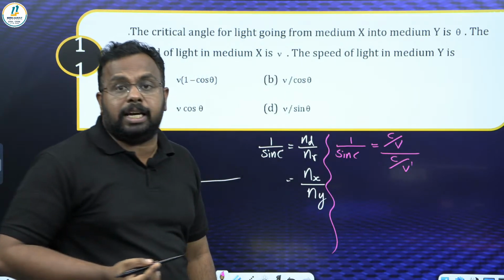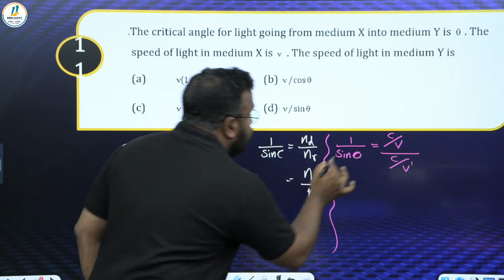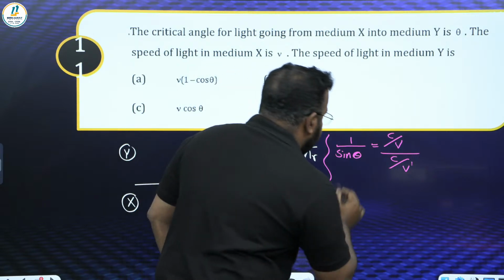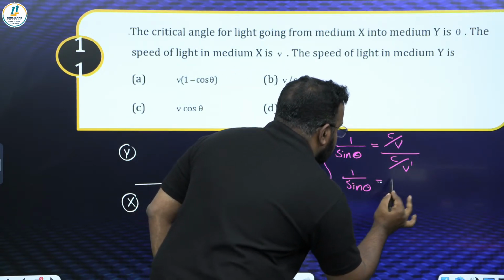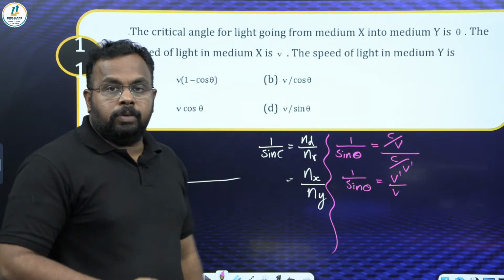So we have to find the V dash value only. Here the critical angle is given as theta, so instead of C, I'm writing theta. Now c got cancelled. We get 1 by sin theta is equal to V dash by V. We got the answer.